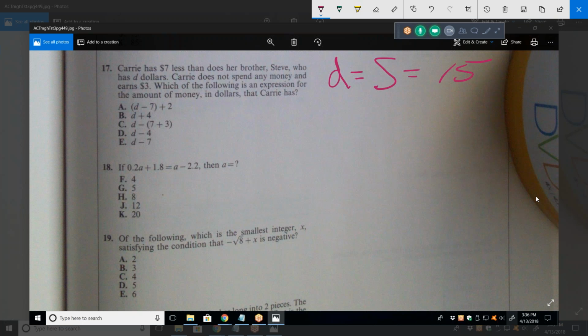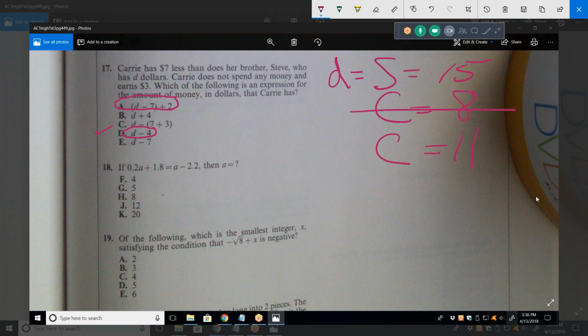Carrie has 8. Carrie earns 3, so the new Carrie has 11. So now I would want to find which answer is equal to 11. Well, I guarantee it's the same one, D. Yeah, that makes sense. 15 minus 4 is equal to 11.